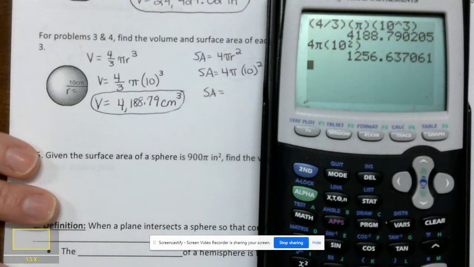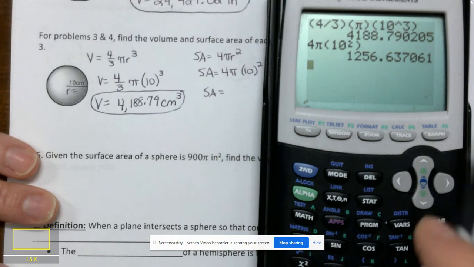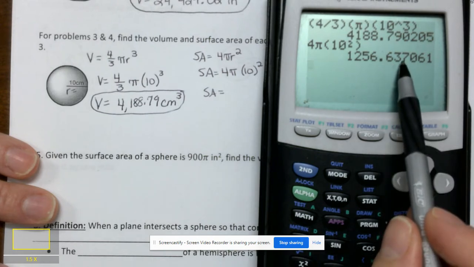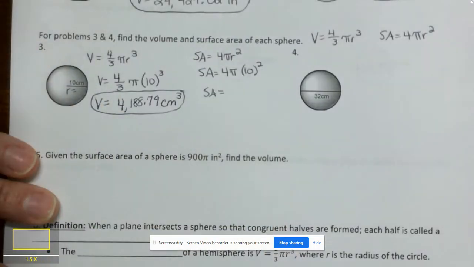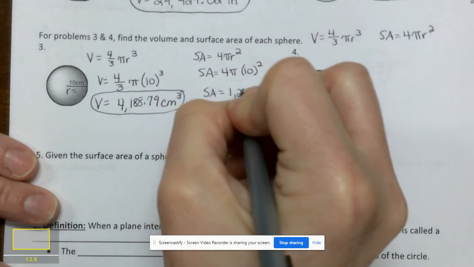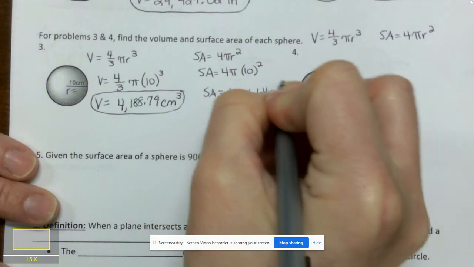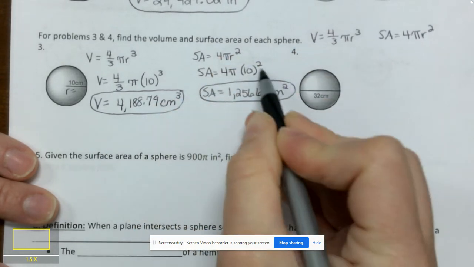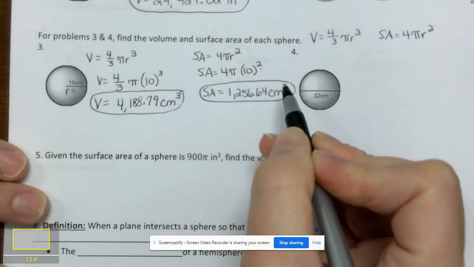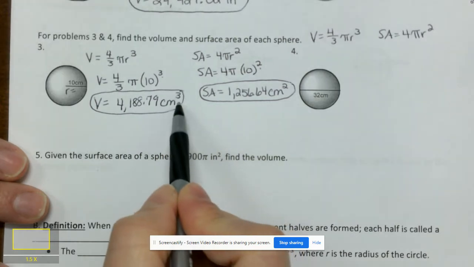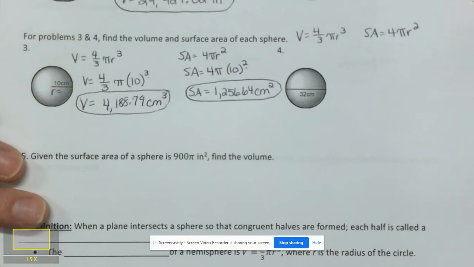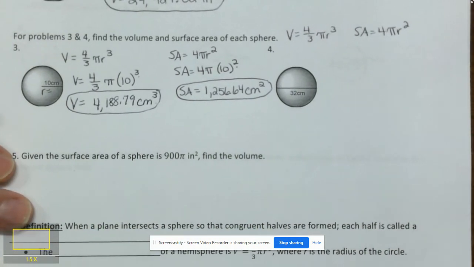We get 1,256.64. That's going to round up since that's a 7. So this is 1,256.64 centimeters squared. Remember, for surface area, when you square it, that makes your units centimeters squared. Over here we cubed, so it made our volume cubed. All right, let's look at number 4.